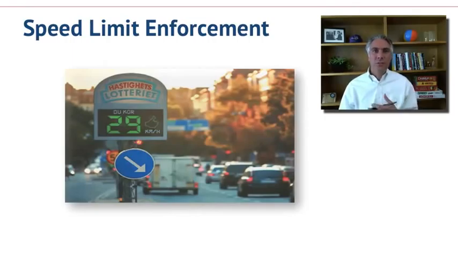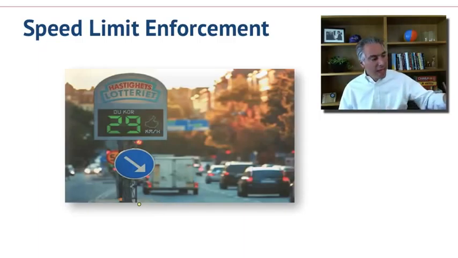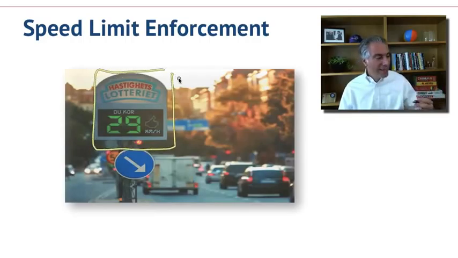Instead of just fining people who go too fast, what if we do the following? Set up one of those monitoring devices that tracks how people drive and shows them how fast they're going, and have a camera on it as well that takes a picture of people and their license plate, so it knows who people are going by and how fast they're going.